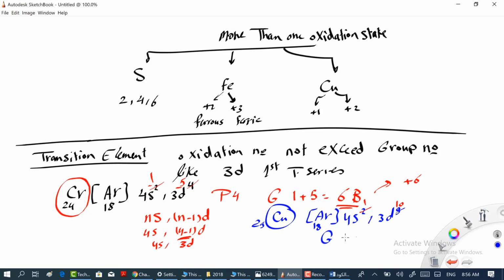So it will be in group 11, which means 1B. So the maximum oxidation number should not exceed 1, but for copper the oxidation number may be positive 1 and positive 2, and positive 2 is the common one.